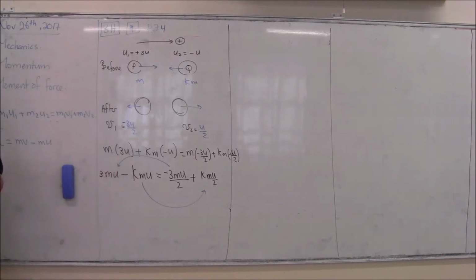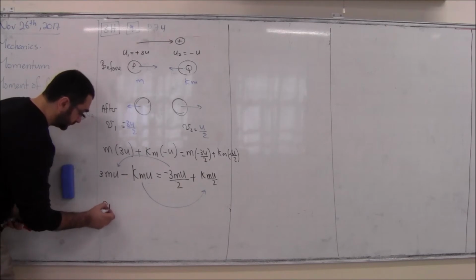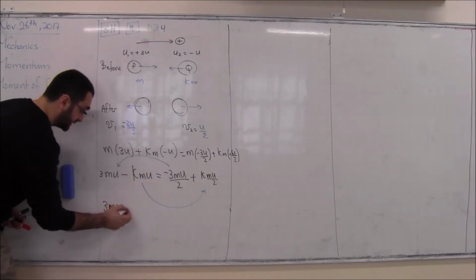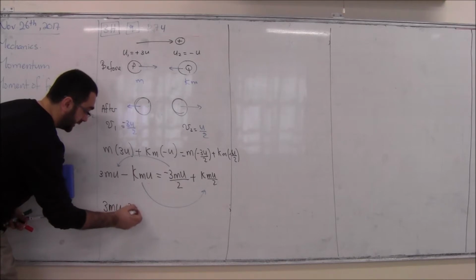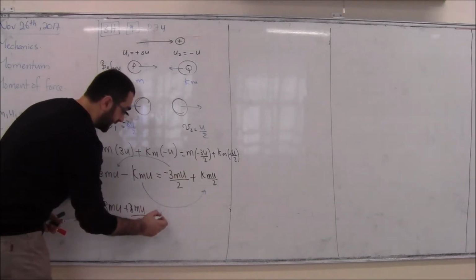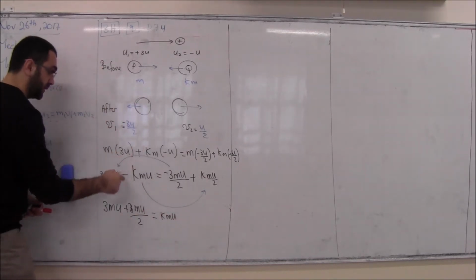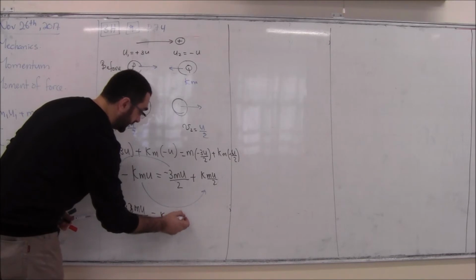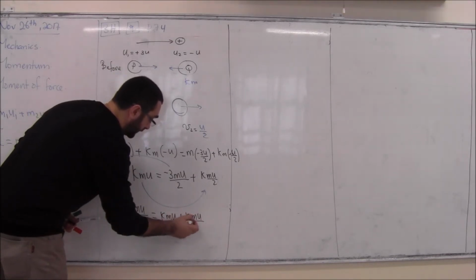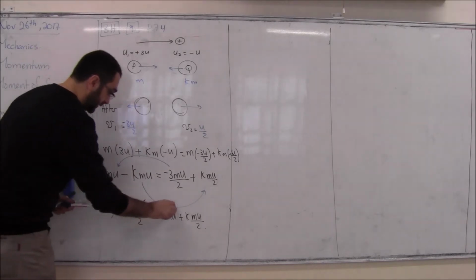Right? What do we have here? 3MU plus 3MU over 2 equals KMU plus KMU over 2. Guys, can I cancel out MU? Yes, because it's in all terms.